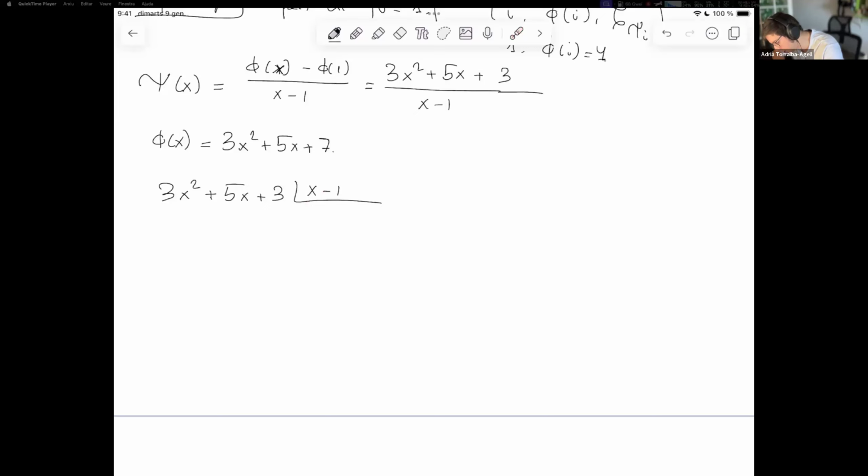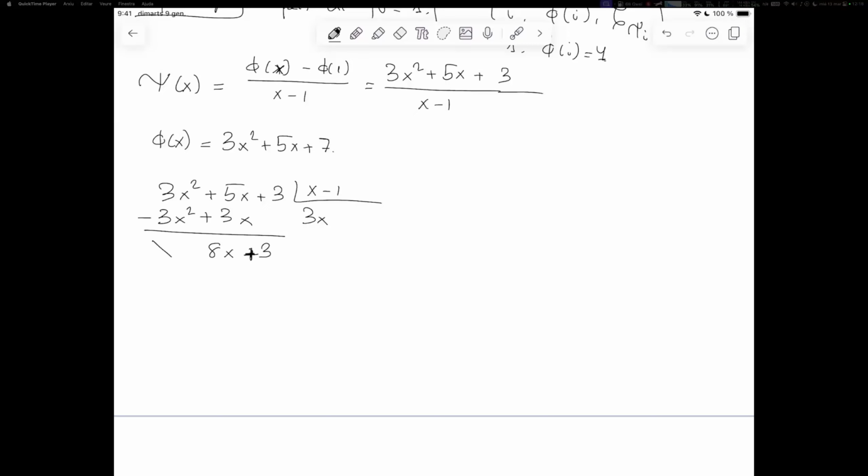In this case it is 3x. 3x times x is 3x squared, and I put here a sign change. 3x times minus 1 is minus 3x, but I have to change the sign, so it's plus 3x. This is eliminated, and then I sum exactly 8x plus 3. Do you follow me?